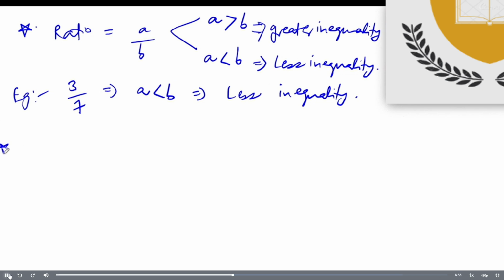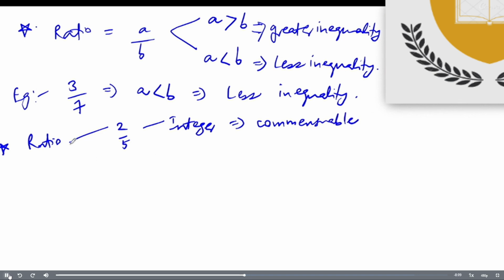The next one: if a ratio, let me take an example of say 2 by 5. Now this is an integer. If a ratio is an integer, it's like a perfect number, so in that case we call it commensurable.